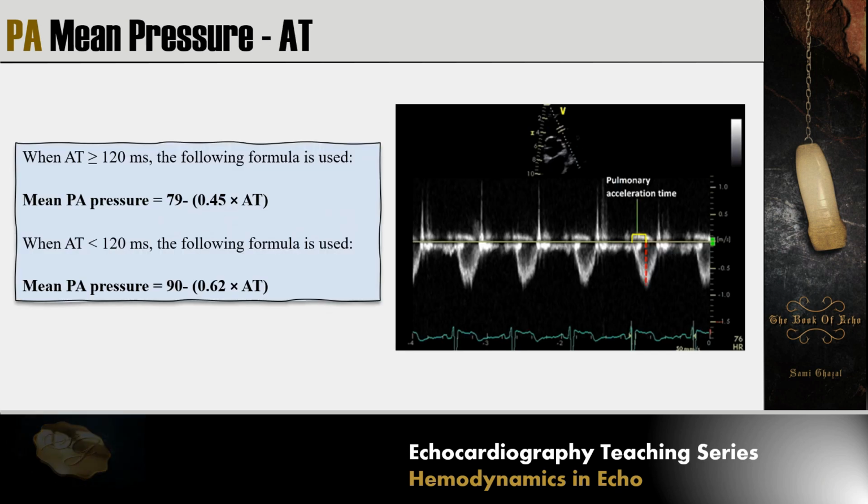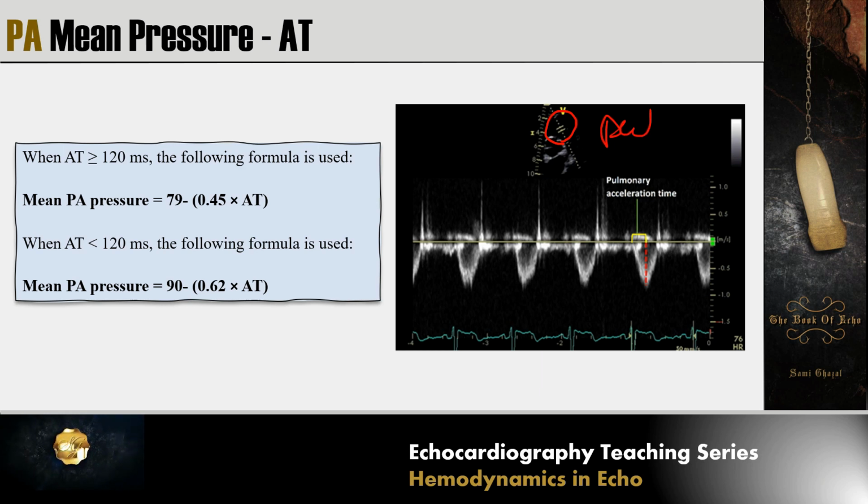Another way to estimate or measure pulmonary artery mean pressure is by acceleration time. And the theory behind this is the higher the pressure is in the pulmonary artery, the quicker the flow will accelerate and it will reach its maximum velocity quicker. The way to measure it is we put our sample volume just proximal to the pulmonic valve, and we measure it with pulse wave Doppler.